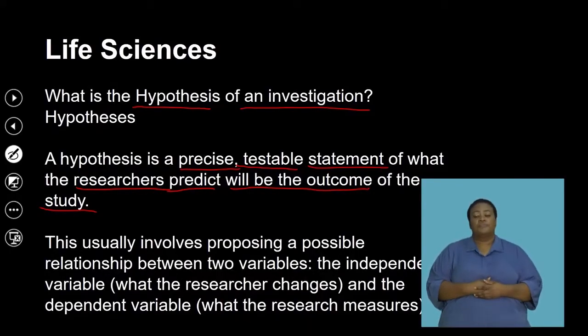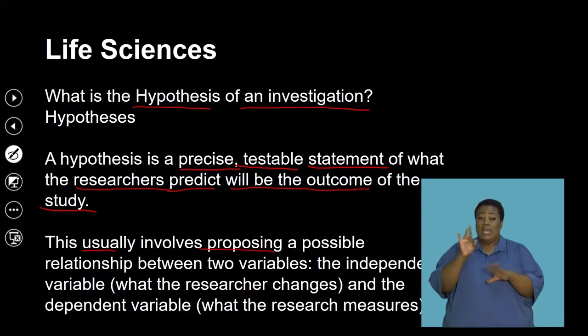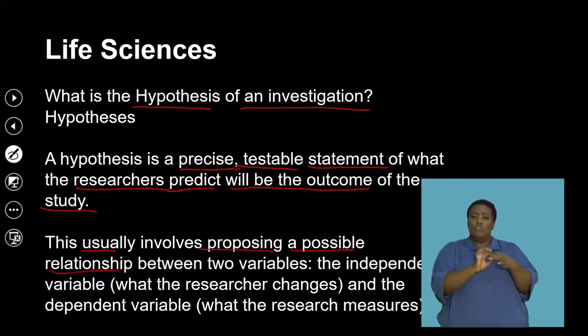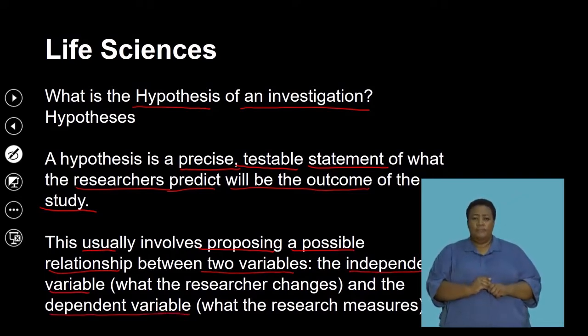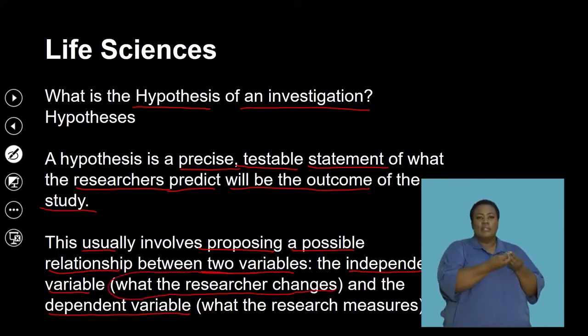Okay, so this usually involves proposing a possible relationship between the two variables, as I mentioned, the independent variable as well as the dependent variable. So what is the independent variable? This is the variable that the researcher changes.